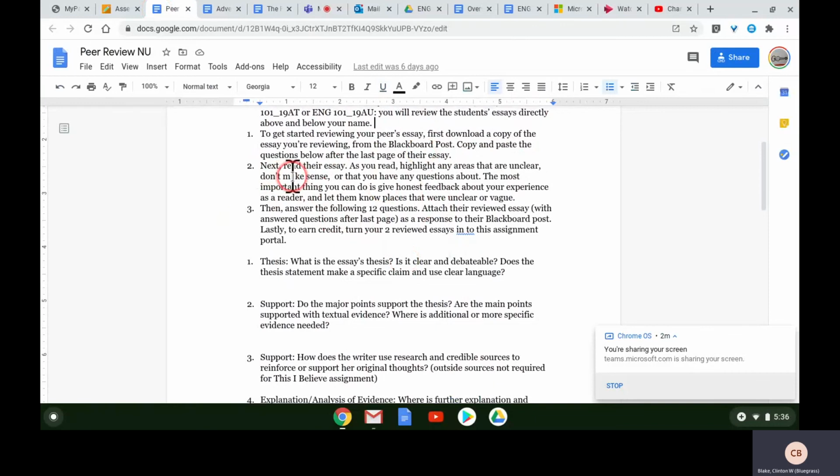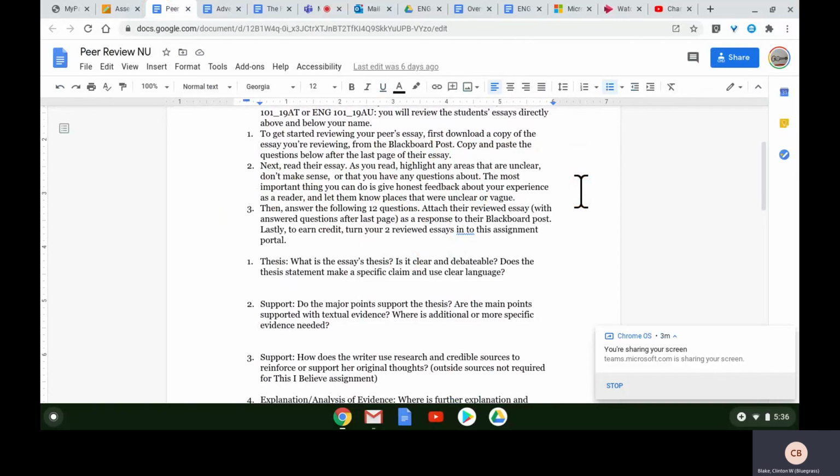Step 2, read their essay. As you read their essay, highlight any areas that are unclear or that don't make sense or that you have any questions about. The most important thing that you can do is to give honest feedback about your experience as a reader and to let them know places that are unclear or vague, because that's why a peer review is so important.